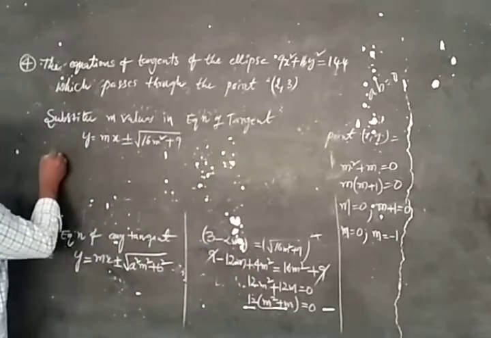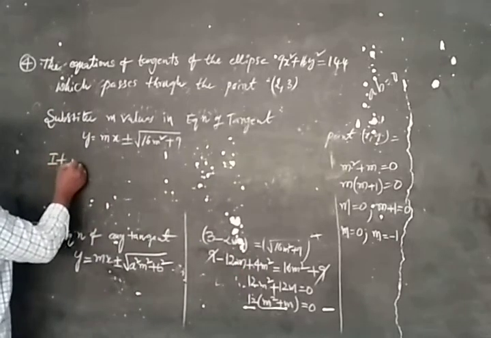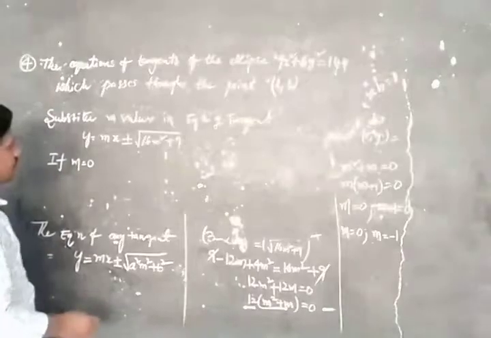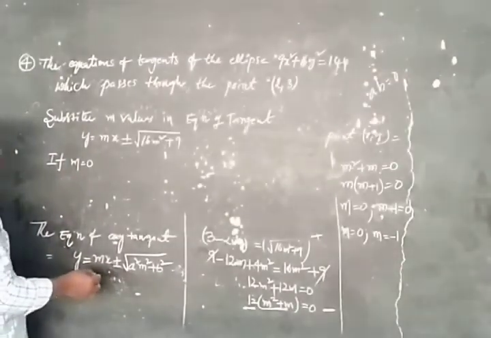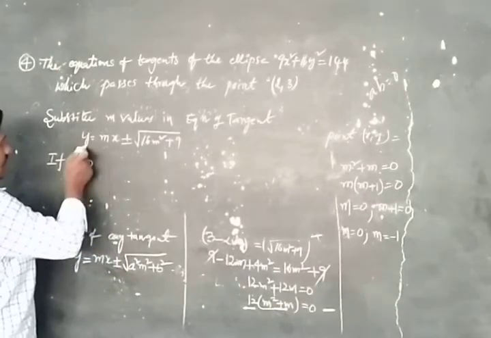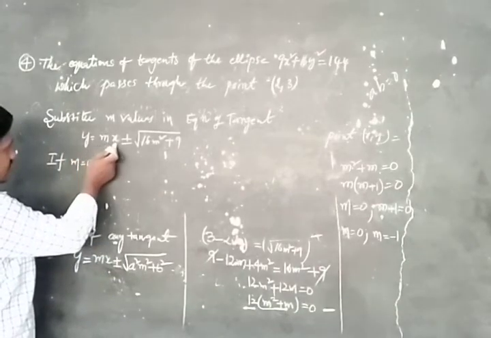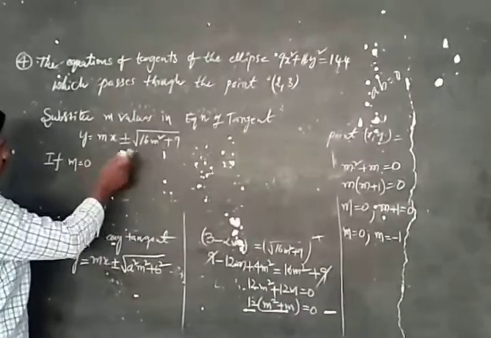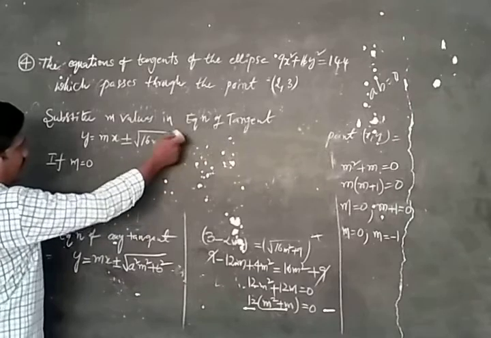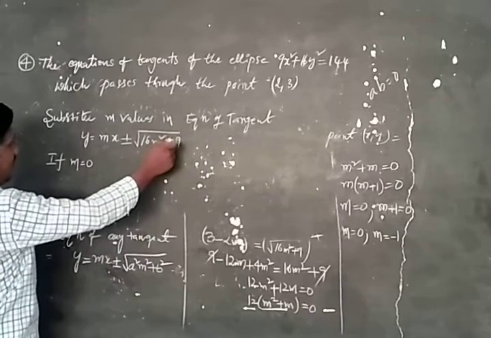If m equal to 0, then 0 into x is 0 and 16 into 0 is 0. Only 9 is there.